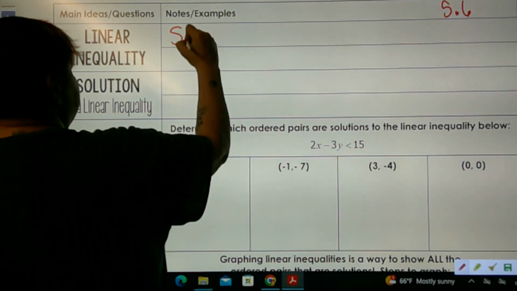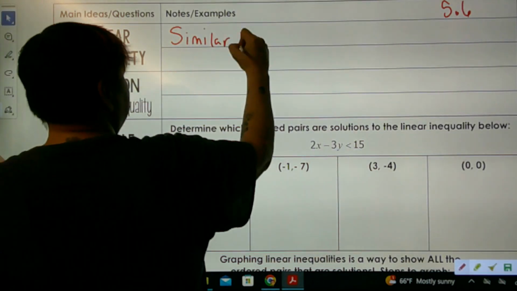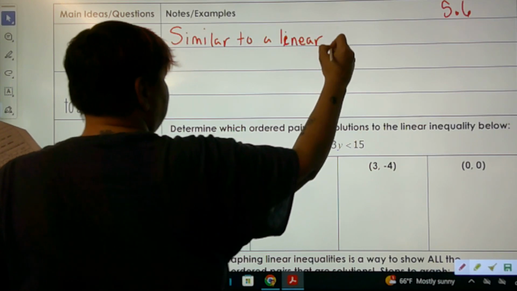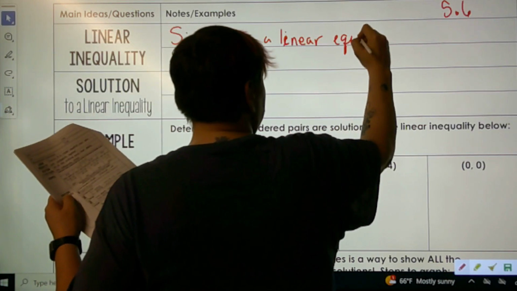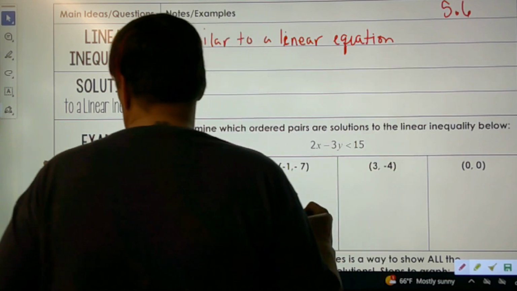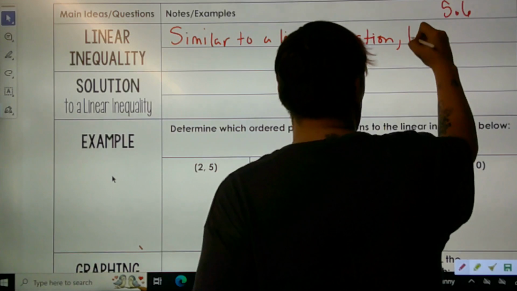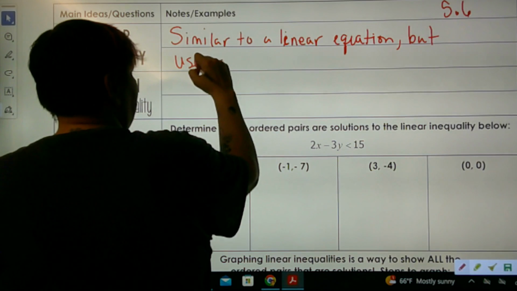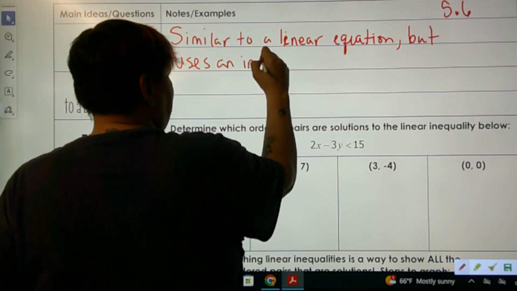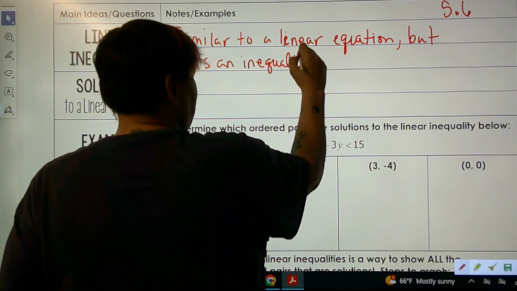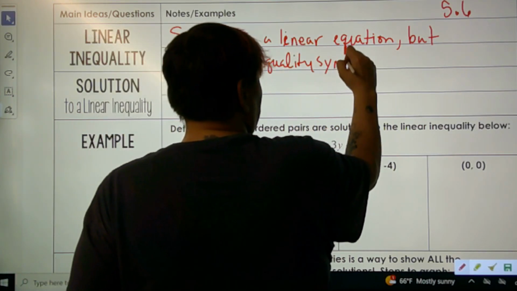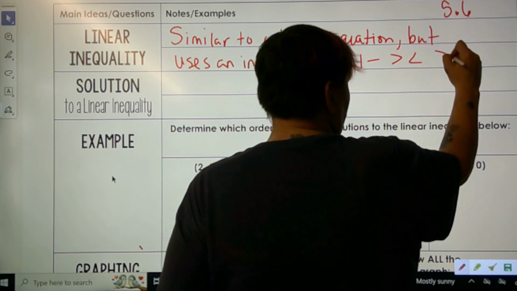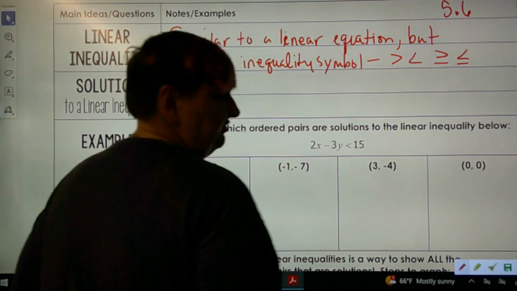A linear inequality is similar to a linear equation, but uses an inequality symbol. For example, greater than, less than, greater than or equal to, less than or equal to. Right?